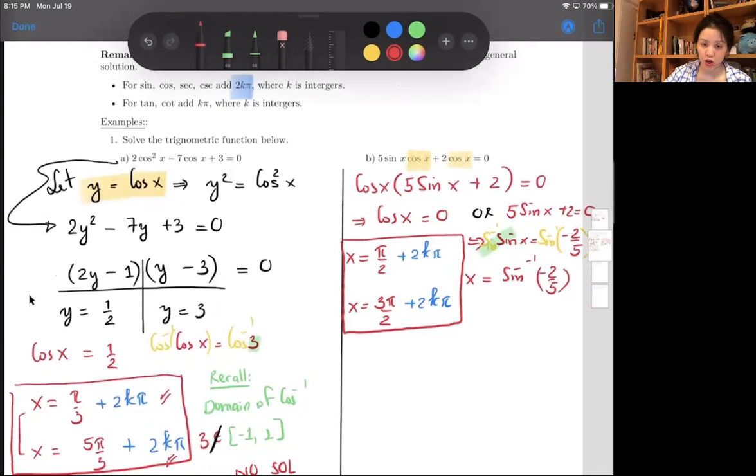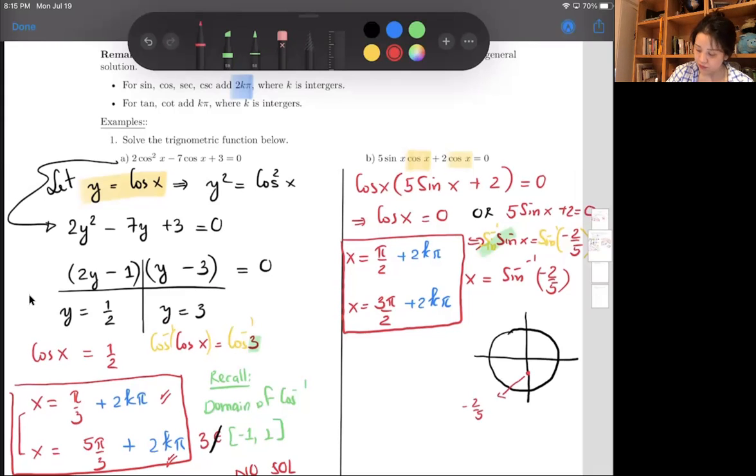So if you draw this out, maybe let me draw this out. Like that. Okay, and then negative 2/5, maybe right here. That's negative 2/5.